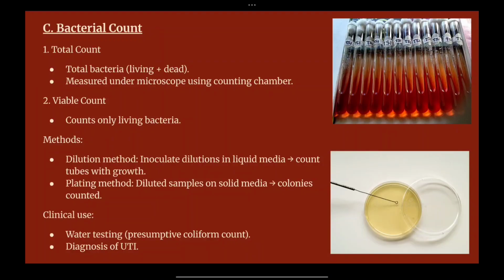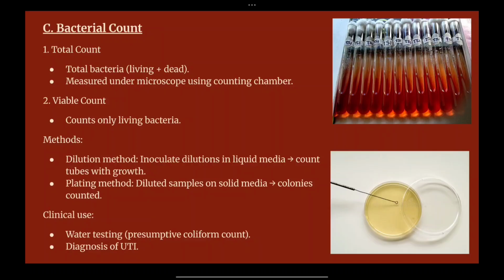Now what are the uses of counting bacteria? It helps in water testing. Whether water is impure or contaminated with any microorganism is presumed by taking a smear of the water and doing a culture plate test.